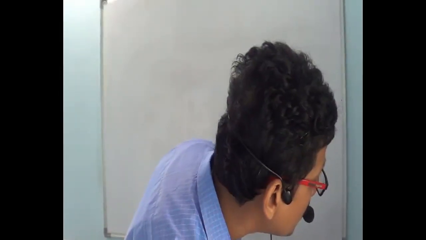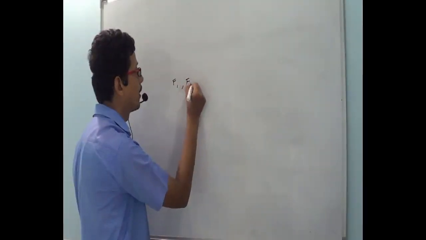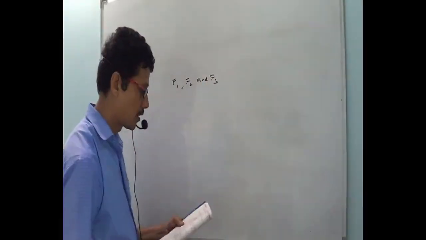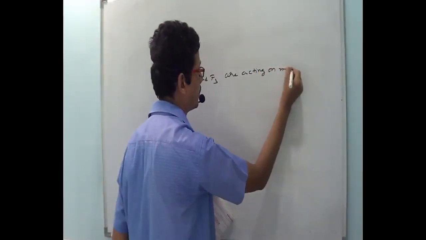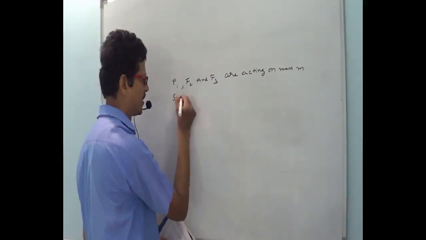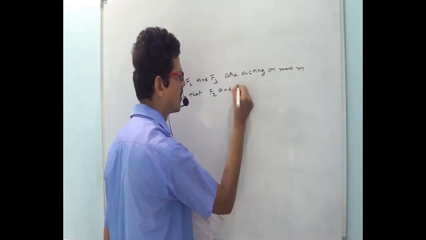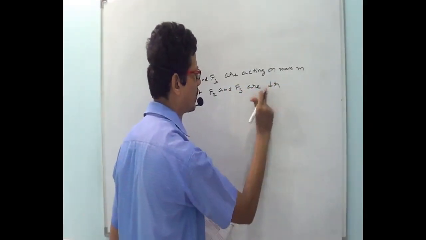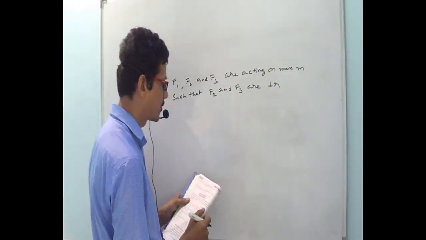Last problem we will do. When forces F1, F2 and F3 are acting on a particle of mass m, such that F2 and F3 are mutually perpendicular, then the particle remains stationary.